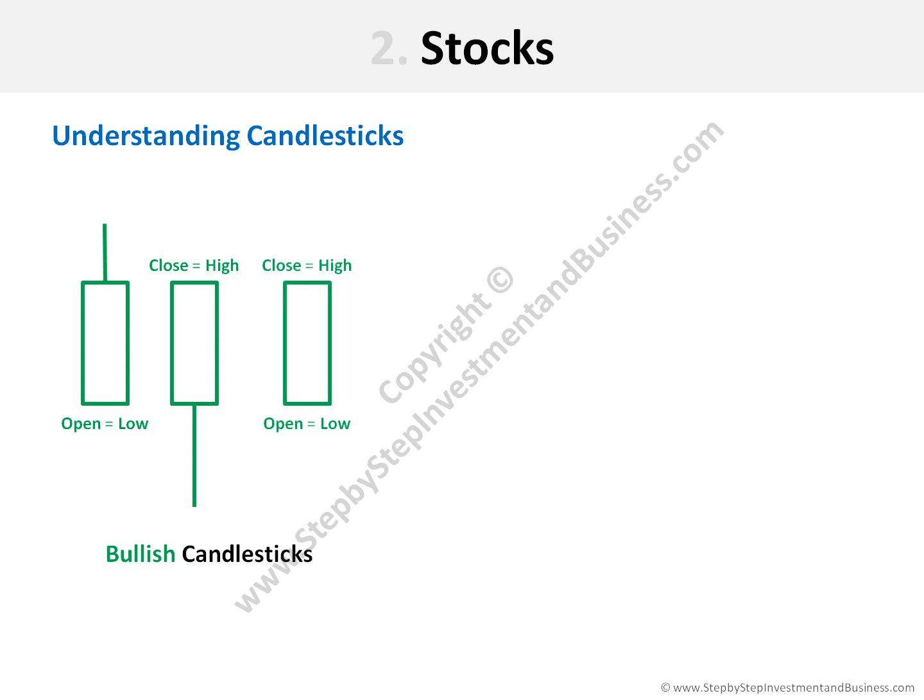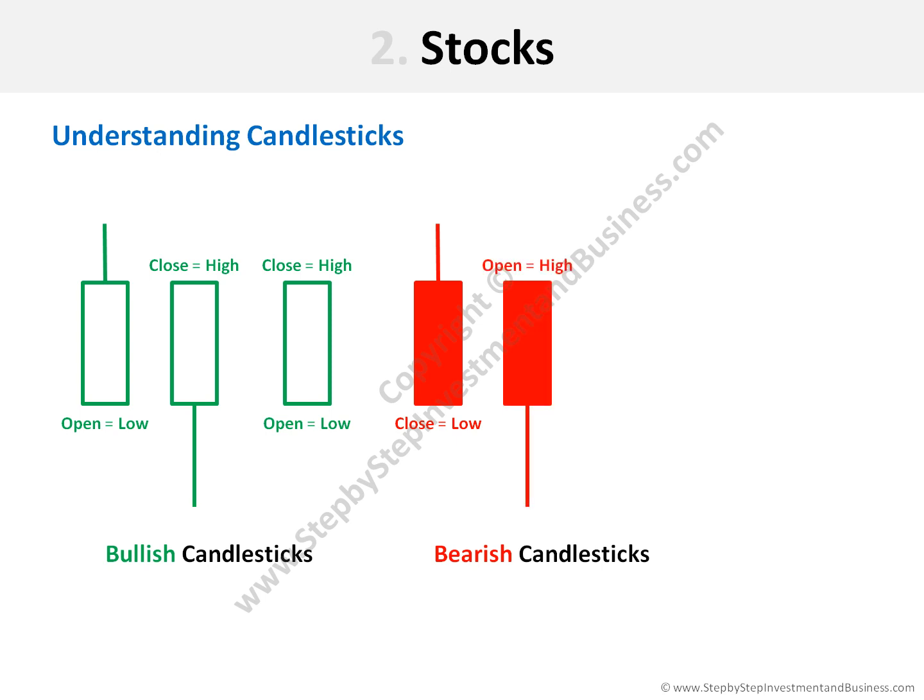On the other hand, if the open is equal to the low, and the close is equal to the high, the candlestick is defined only by its body. In the case of bearish candlesticks, if the close, that is, the price of the last transaction of the day, was the lowest price that the stock was traded at, the bottom tip of the candlestick matches the bottom end of the body.